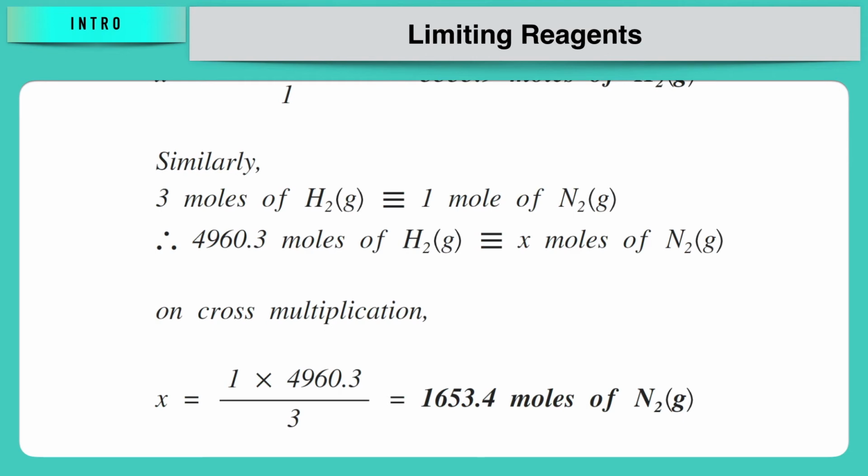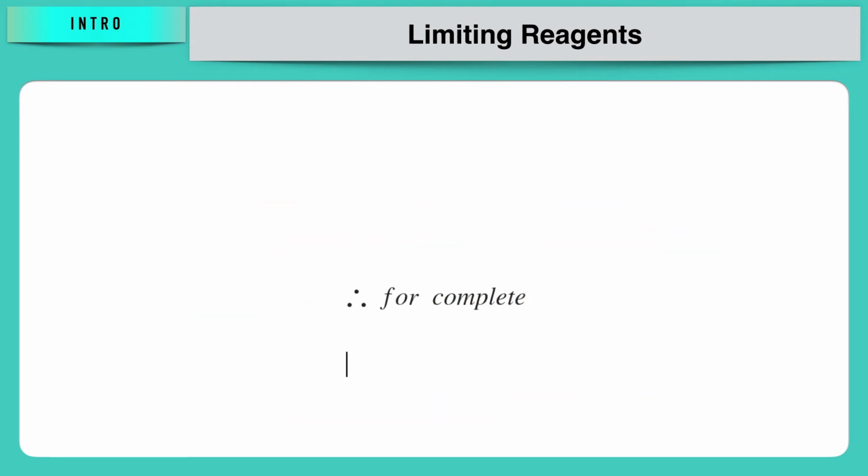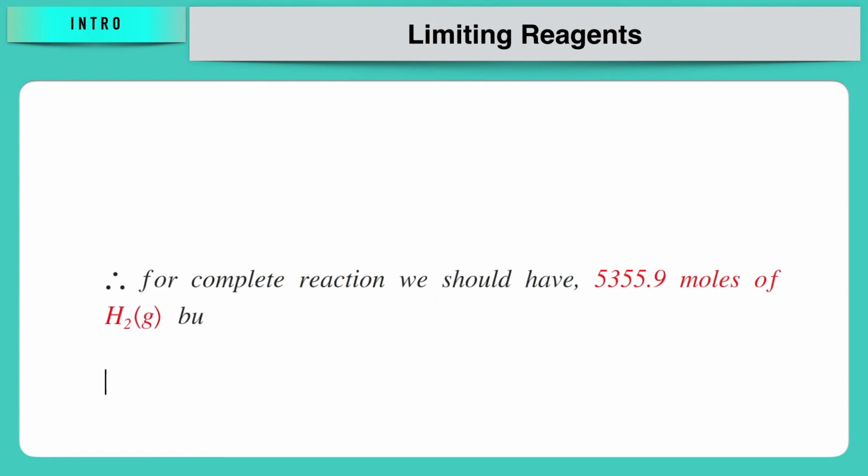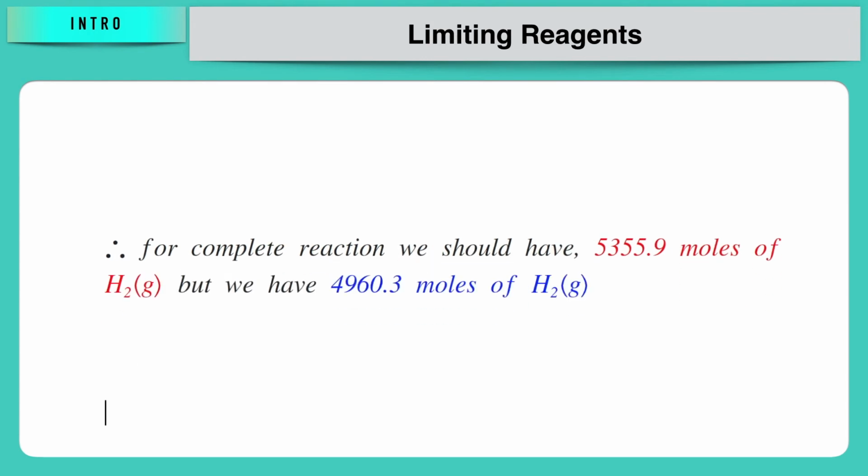Now what you're going to do next is make a comparison between both of them, right? How many moles of H2 do you have here? You got 5355.9 moles, and earlier, as per the balanced reaction, how many moles of H2 did you have? 4960.3 moles.